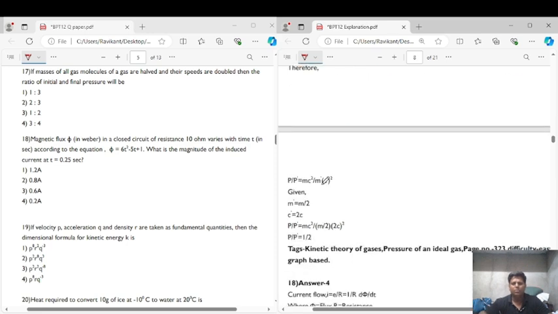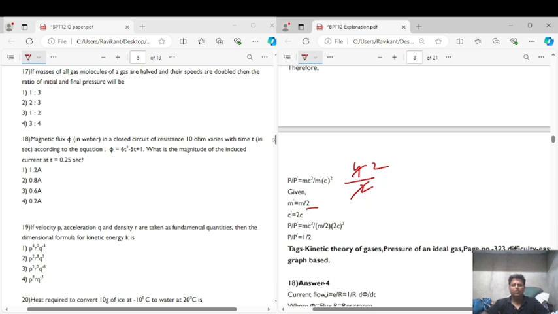Therefore, if mass is halved, pressure will be halved, and if C is doubled, that is the speed is doubled, the pressure will become 4 times, right? So 4 upon 2 will finally result in 2. So the pressure will become double.